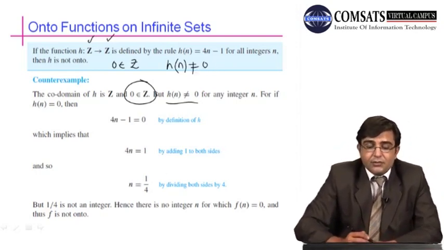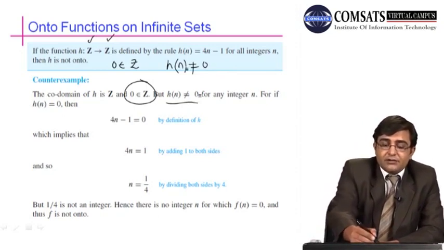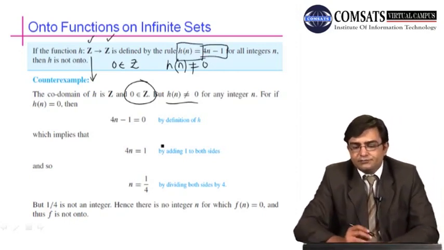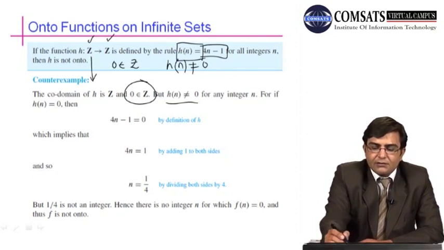Why? Because whatever you take from this z, the value of n, when you put it here in this function, we cannot get 0. If you take 0 here, we get -1.